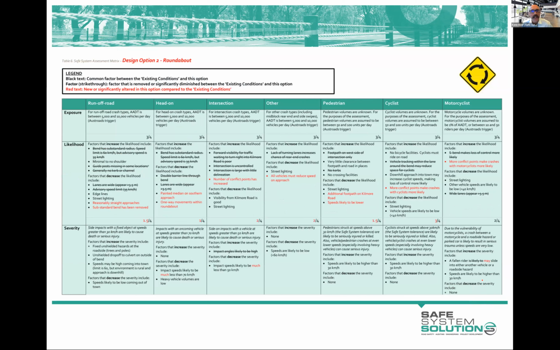Maybe that's the roundabout. Then you manipulate your existing conditions based on what the new outcome will be.